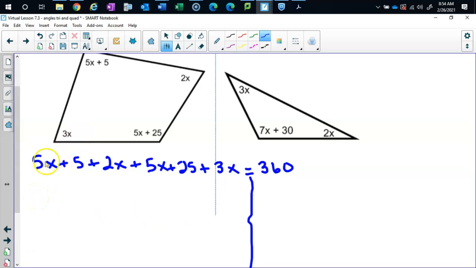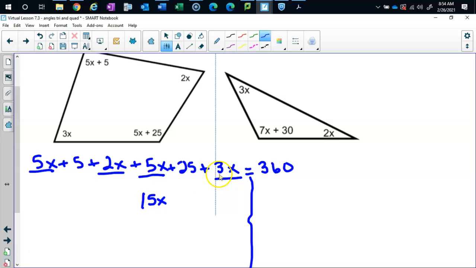Now, remember, solving equations, we combine like terms first. So let's add up all our x's. 5x plus 2x plus 5x plus 3x. 5 plus 2 is 7, plus 5 is 12, plus 3 is 15x.